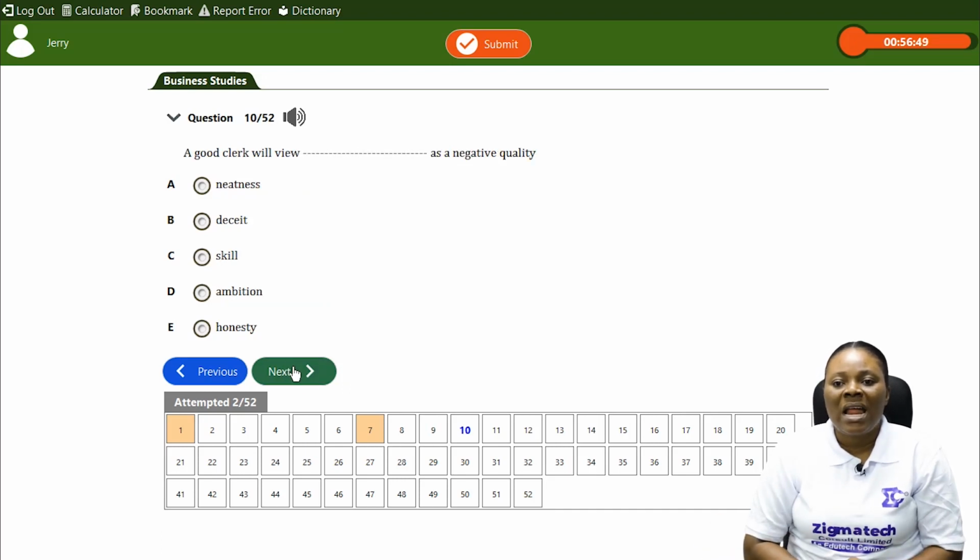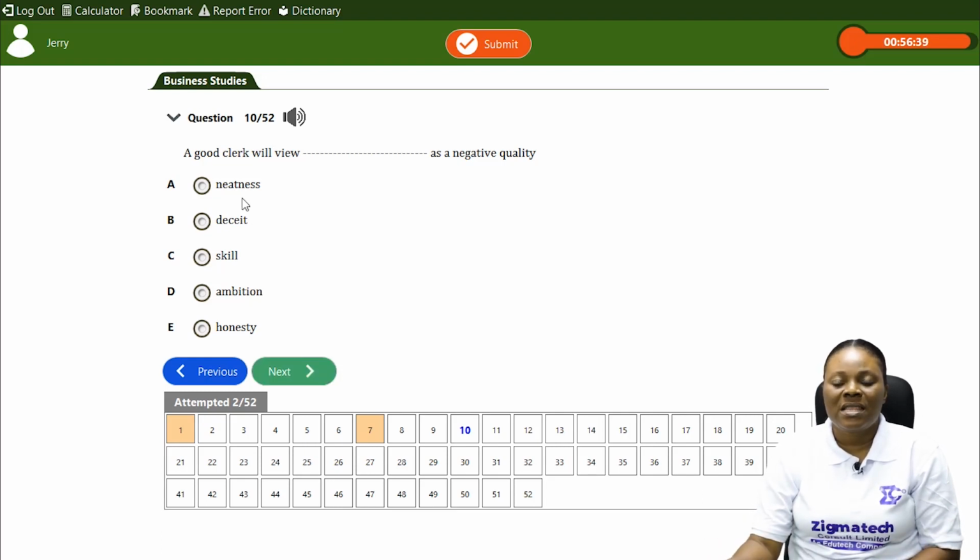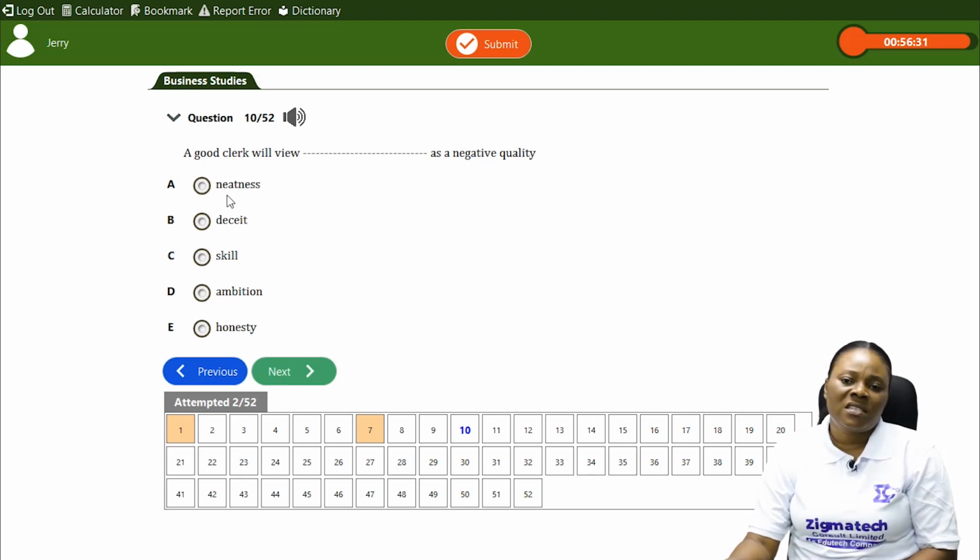It says, a good clerk will view dash as a negative quality. So what can we refer to as a negative quality of a clerk? A, neatness. B, deceit. C, skill. D, ambition. E, honesty. The first option here is a positive quality, which is neatness.